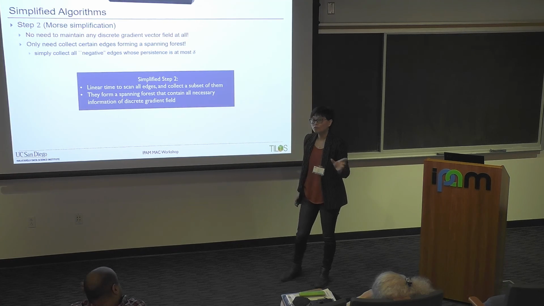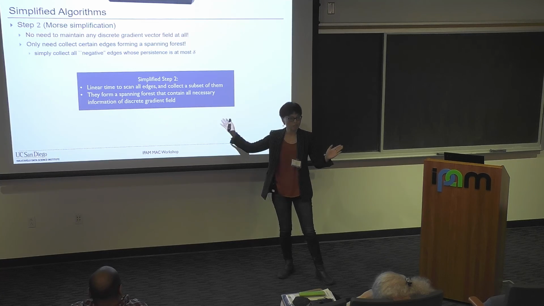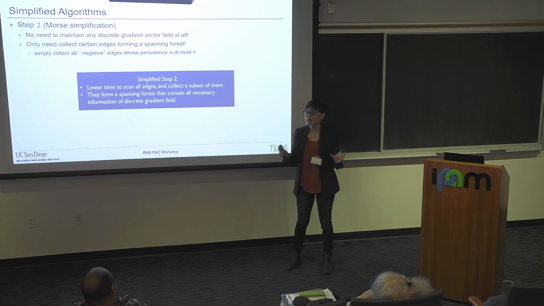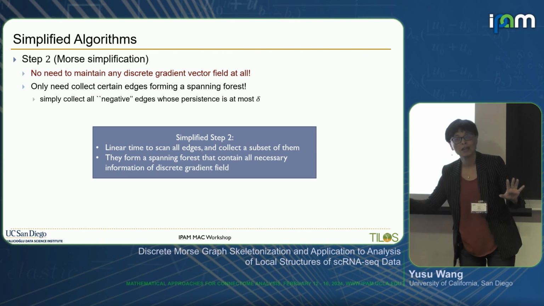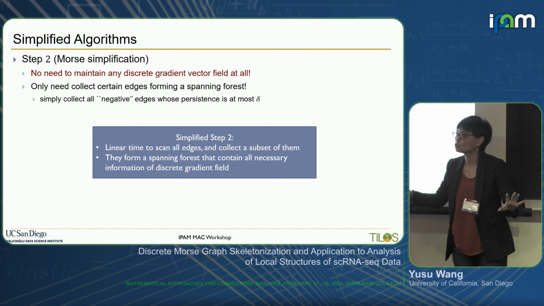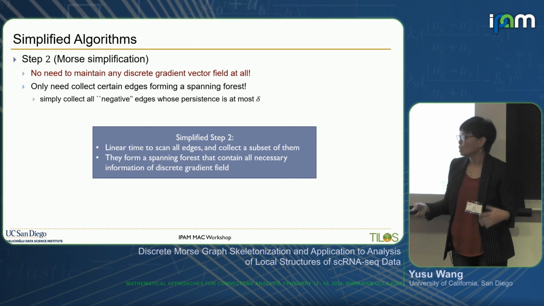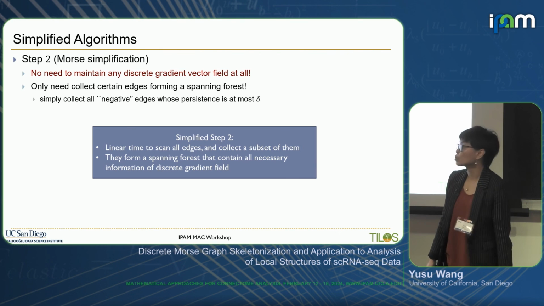And this is just a linear scan. You are not maintaining any discrete gradient vector field anymore. All you have now is the spanning forest. And this spanning forest is sufficient for you to retrieve the one stable manifolds in the third step. Okay? So the algorithm, you just need to do some tree traversal.